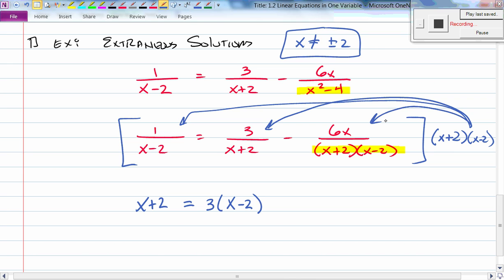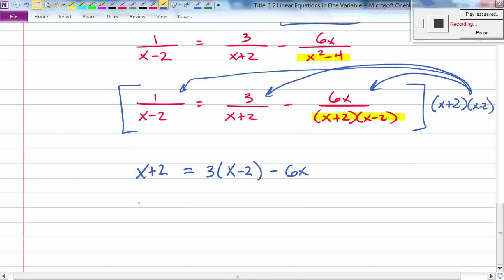And then when I multiply the last term, they all go away, so I'm left with just a 6x. That looks a lot easier to deal with than the top part, don't you think? So I've got x plus 2 equals, using the distributive property, 3x minus 6 minus 6x. You with me?